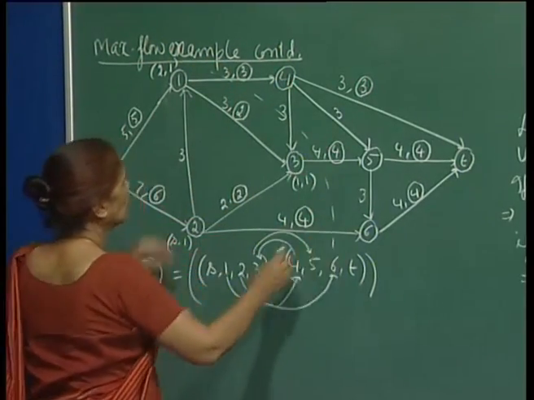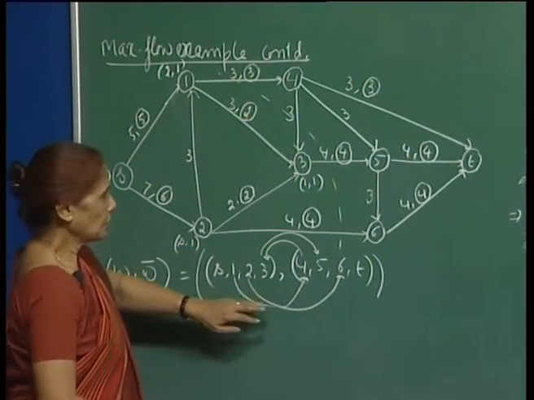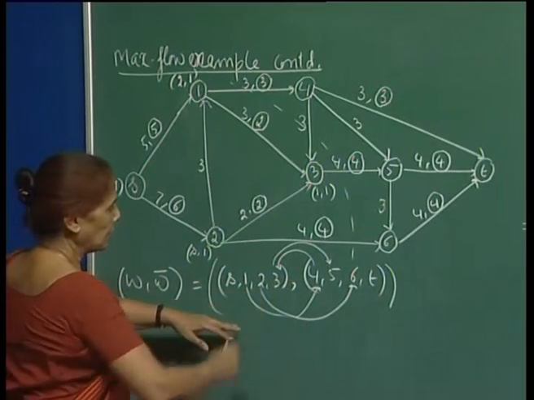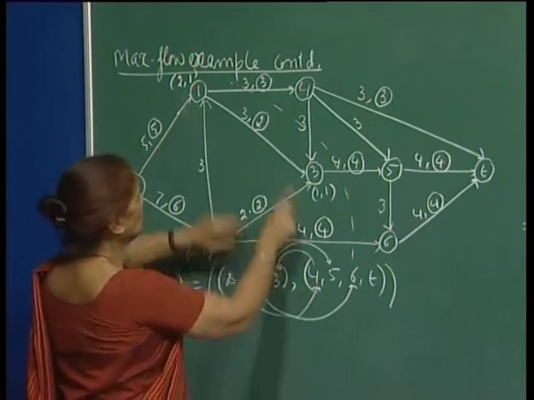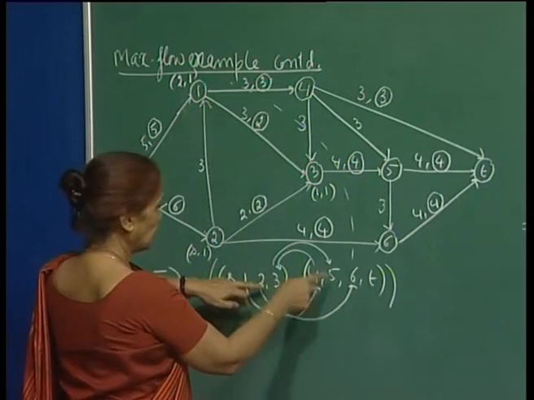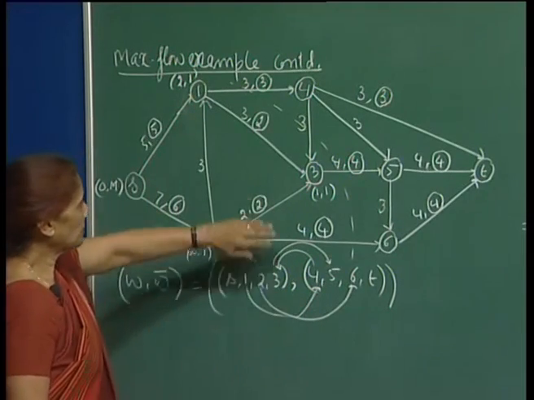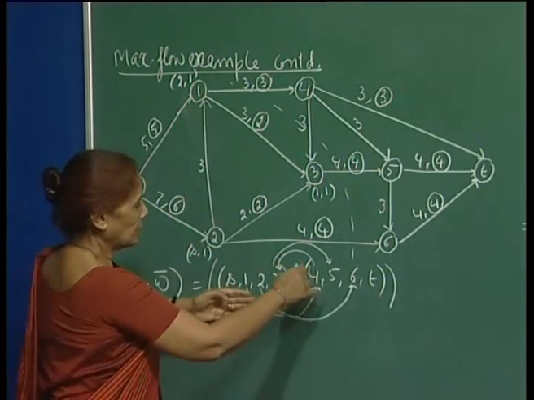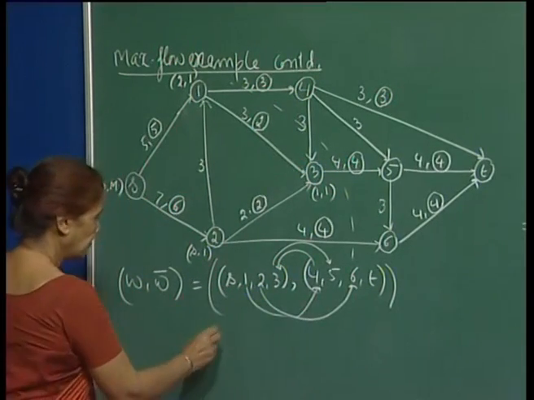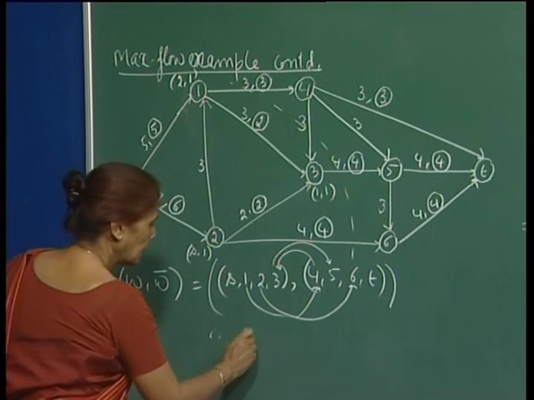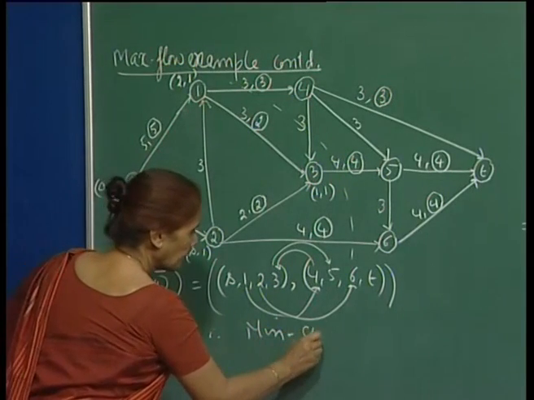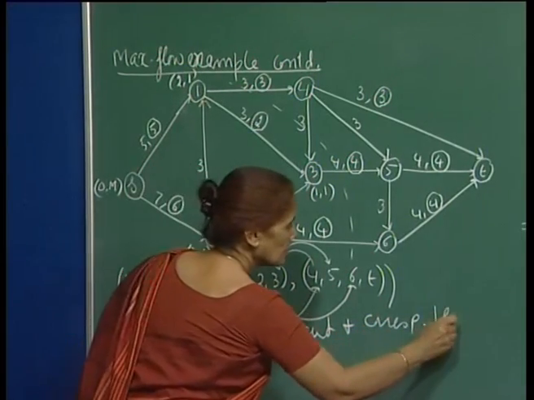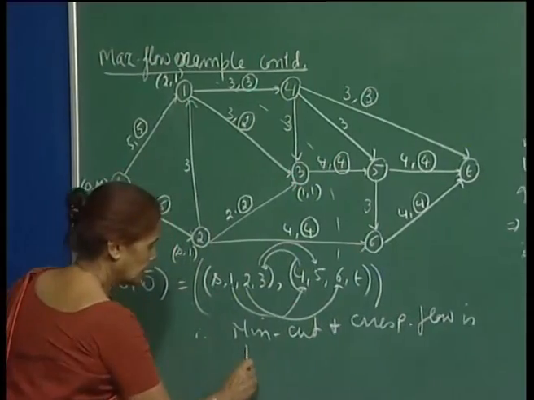So this is the cut. Therefore, this cut satisfies the conditions for the max-flow min-cut theorem, because 1, 4 is also saturated, and you can check that the other arcs also satisfy. For example, on 4, 3 there is no flow, and all the other forward arcs are saturated. Therefore, this is the min cut, and the corresponding flow is the max flow.